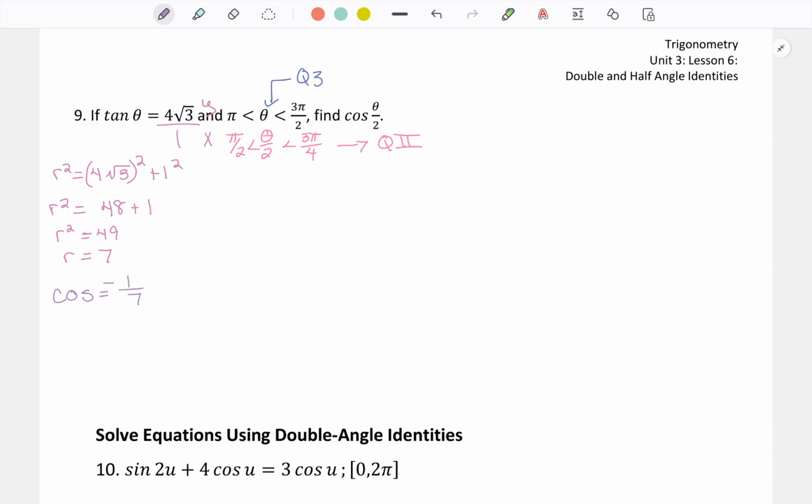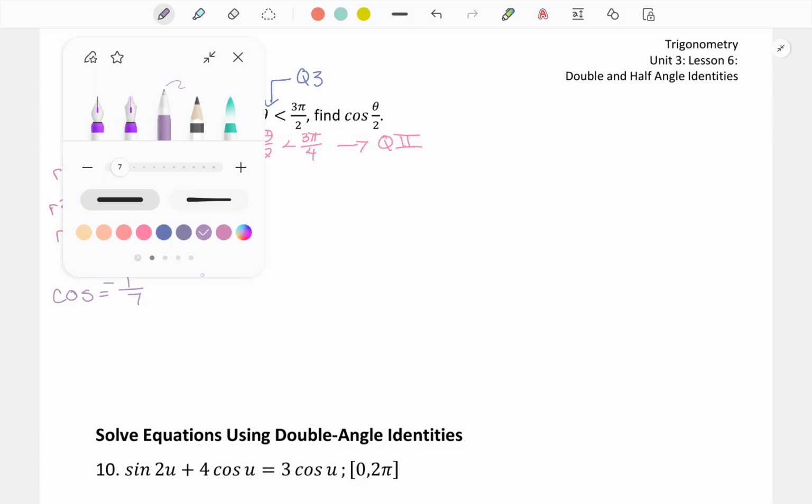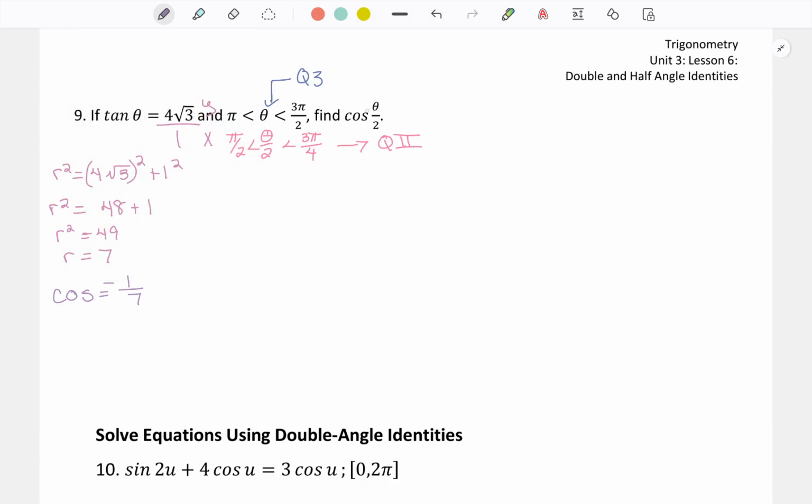So we need to go ahead and use it like that. So for our cosine of theta over 2, that identity is plus or minus the square root of 1 plus cosine theta over 2.